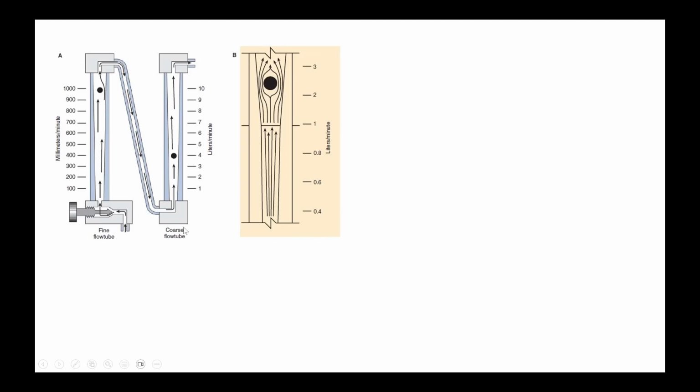But in situations where these two tubes are not available, then the same tube will have different types of expansion. The inner diameter of the tube will keep expanding up to 1 liter. It will expand at 0.4, 0.6.